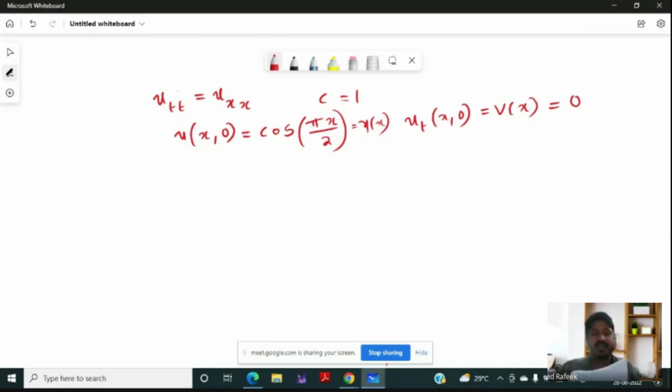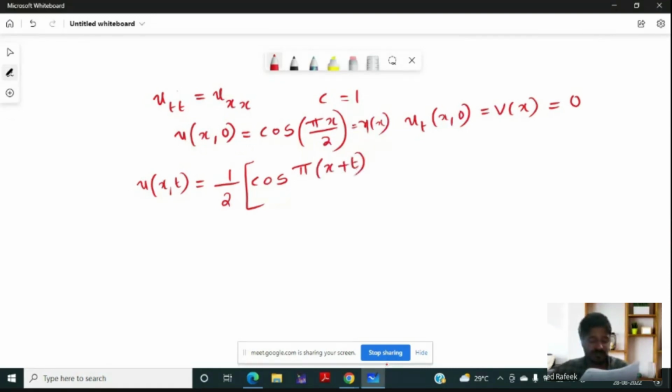So u of x comma t is equal to 1 by 2 eta of x plus ct. Eta of x is cos pi x by 2, and c is 1 here, so x plus t will come: cos of pi into x plus t by 2, plus cos of pi into x minus t by 2.